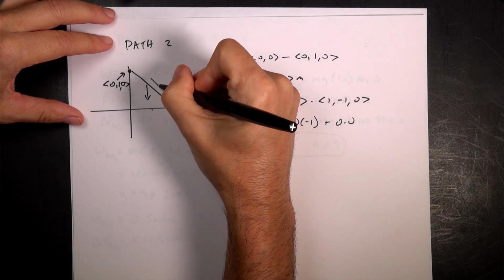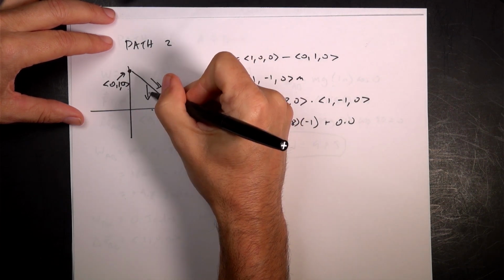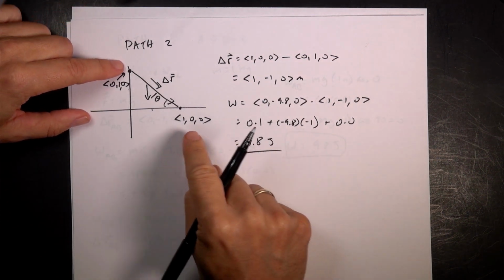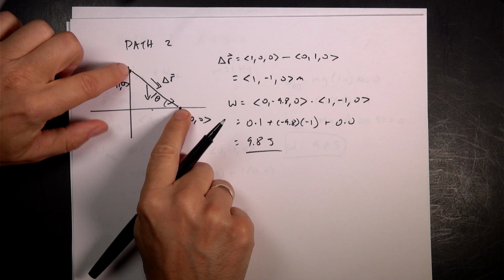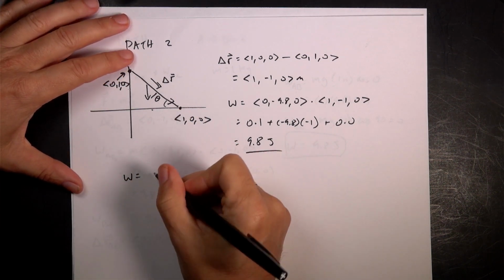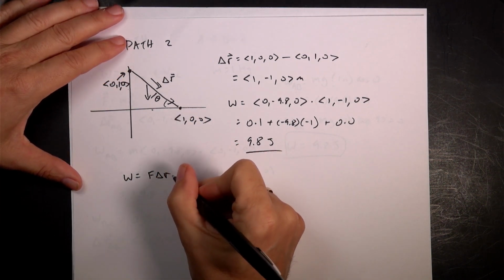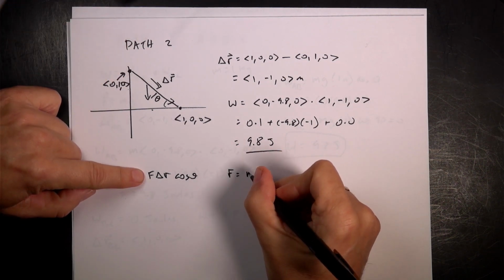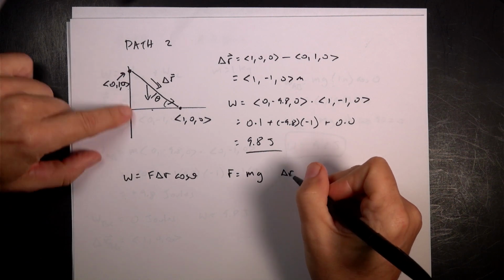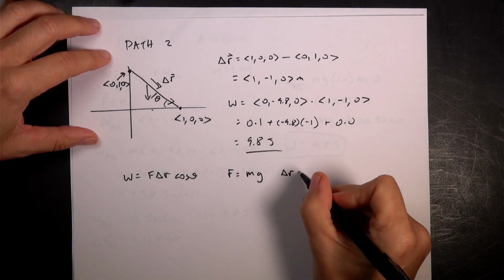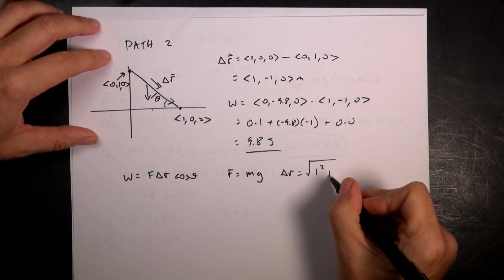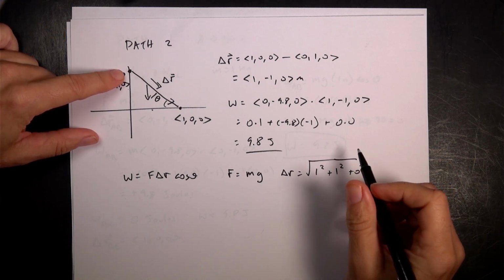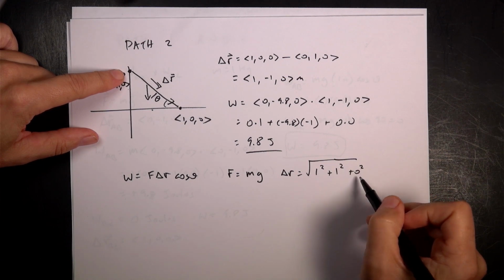If that's my gravitational force and that's delta r, then the angle between them is theta. Now I have to deal with this total distance. Work is F delta r cosine theta, where F is mg. Delta r is the hypotenuse, so it's the square root of 1 squared plus 1 squared plus 0 squared, since it's going 1 in the x direction, 1 in the y direction, 0 in the z direction.